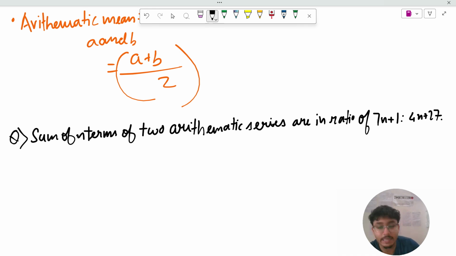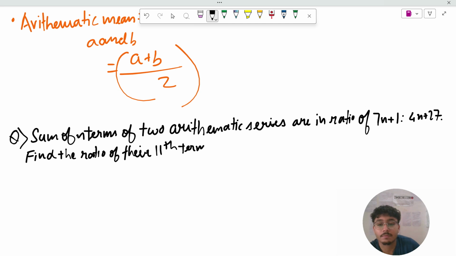What do we need? We need the ratio of the 11th terms. Find the ratio of the 11th terms.